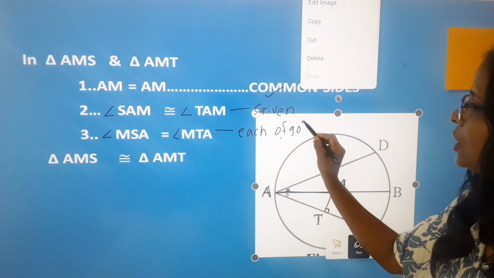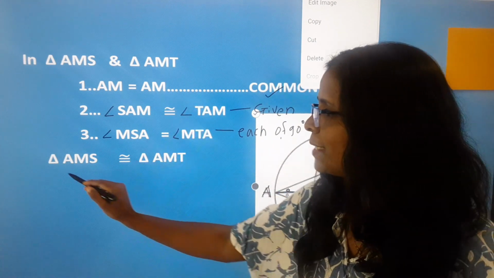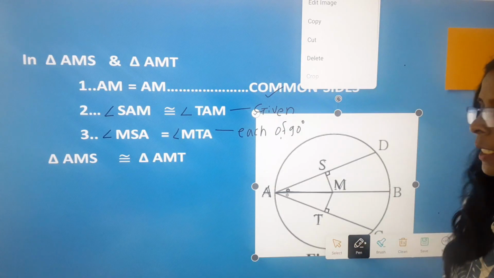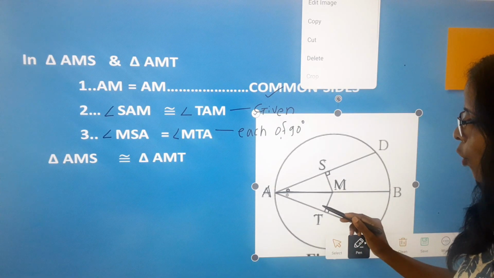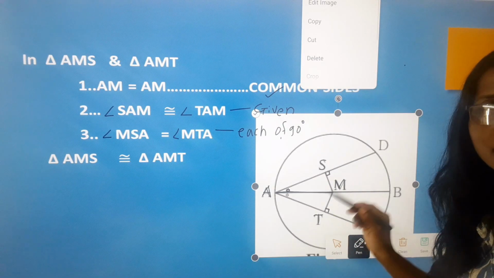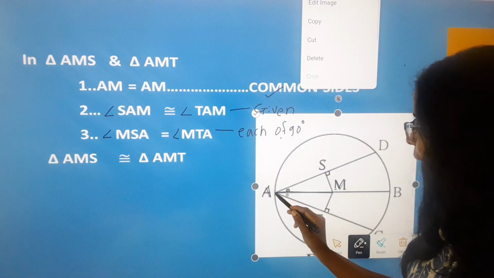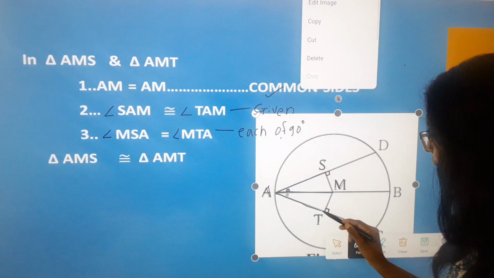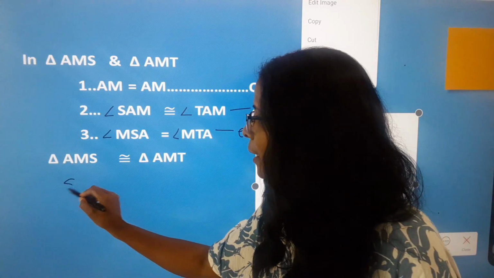So now these three parts are congruent, so we can say triangle AMS is congruent to triangle AMT. As these two triangles are congruent, by CSCT we can say side AS is equal to side AT.